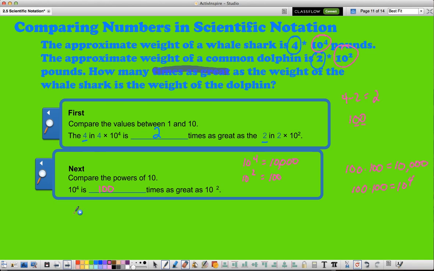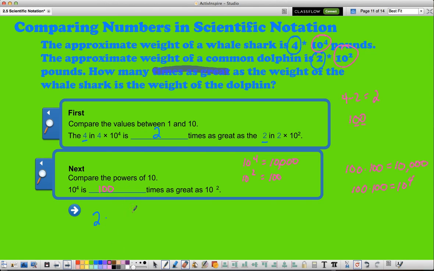So then we look at it and say, okay, we know that our numbers between 1 and 10, the 4 is 2 times greater than the 2, so that piece is just 2 times as big.